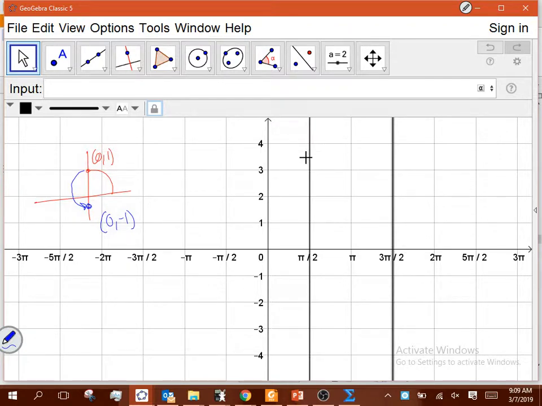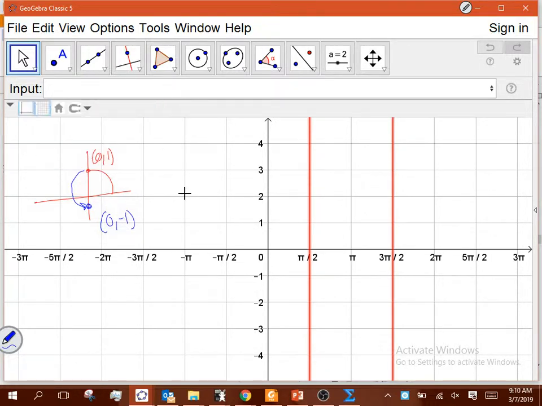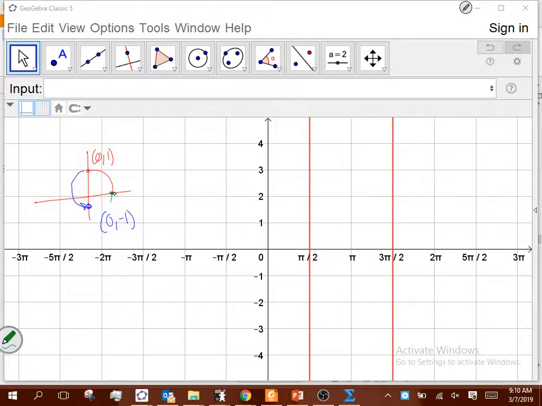Now, usually we do not consider those our parent function asymptotes, okay? What we traditionally do is we work from here that way to get to that same point. Well, what would that green measurement be? Negative pi over 2, okay?